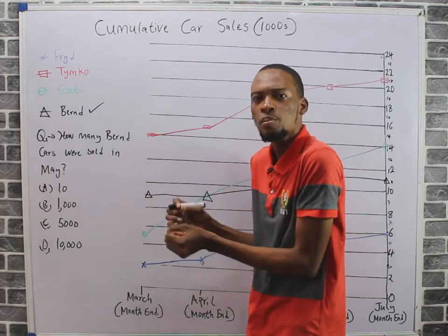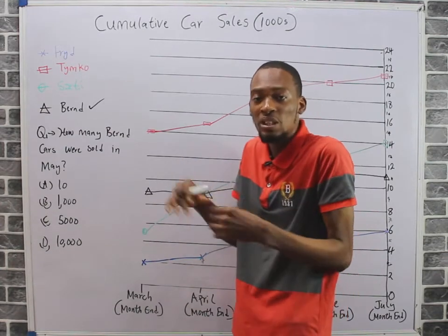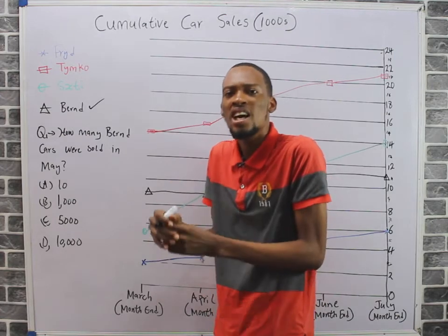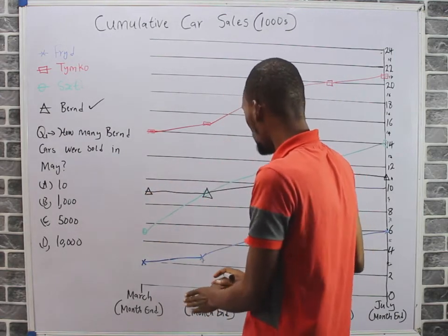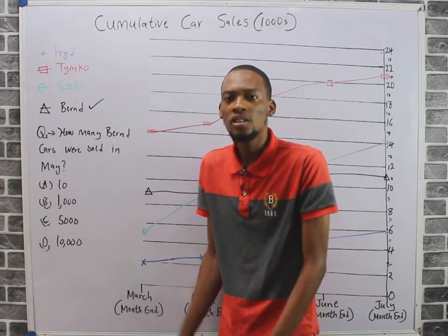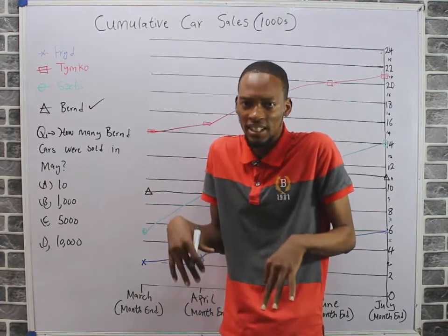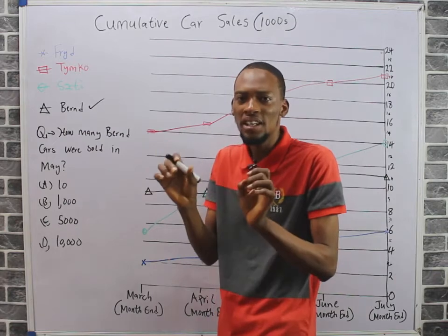The amount you made in May is how much you have so far, which is 10,000 naira, minus how much you had from January to April. So if you subtract the amount you made from January to April from your total amount as at now, it will give you the amount you made only in May.